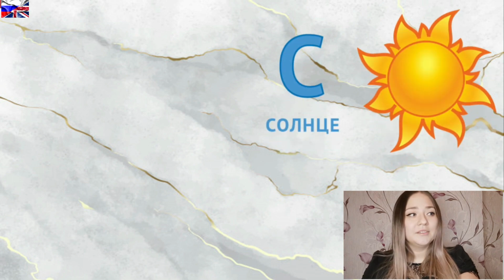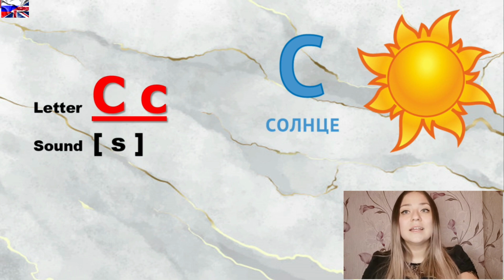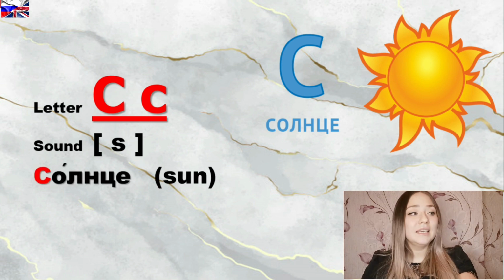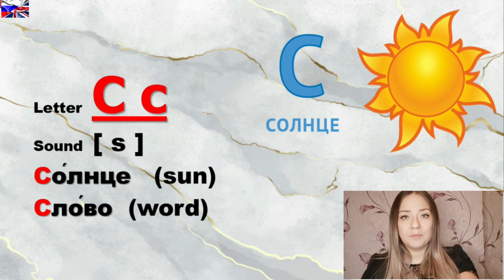Let's continue. And this letter is called letter S, and sound S. For example, the word sun. Солнце. Word is слово.